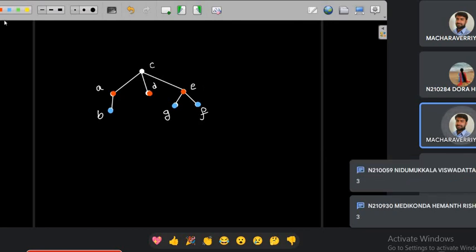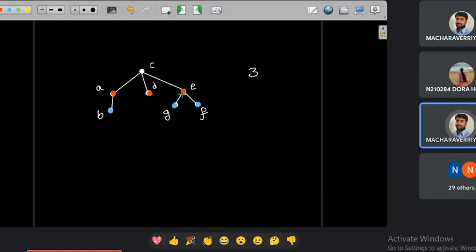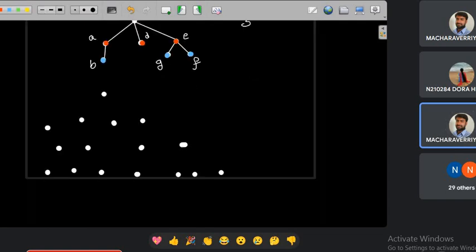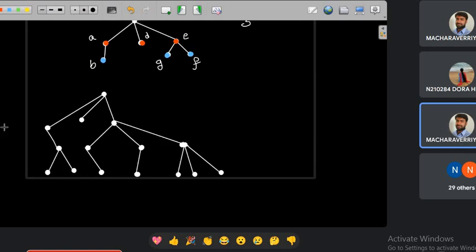Okay, so the maximum number of children here is 3 because C has 3 and E has 2 and A has 1. Right. Now let me write one more example. So let me draw it. So let us look at this graph. Now what is the answer to the previous question? The question is, how many children does each internal vertex have at maximum, including the root?